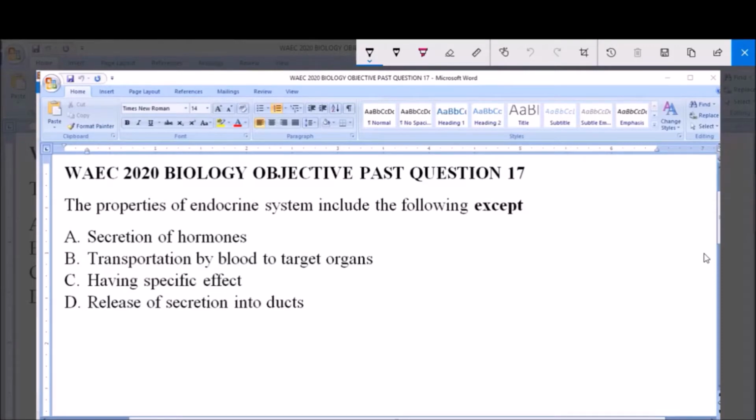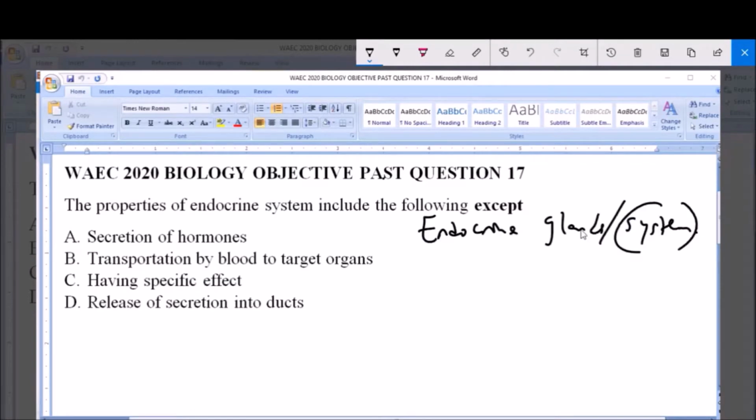Now, for the purpose of homeostasis, there are glands known as endocrine glands, or the endocrine system in general. Now, the endocrine system consists of glands that secrete chemical substances known as hormones into the bloodstream.